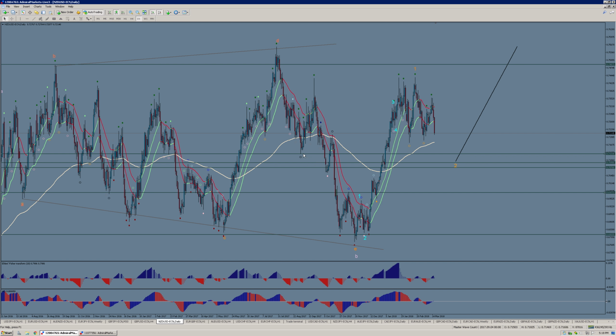And you're basically looking for points where you get repeated touches of the same level. They don't have to be touches with the candle body, but just the wicks. You ideally want as many precise touches as you can get.